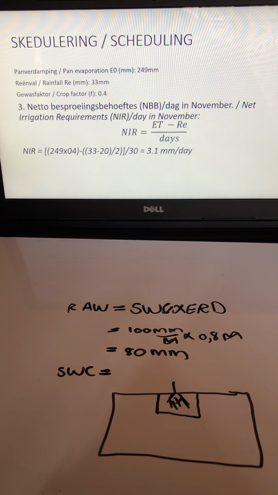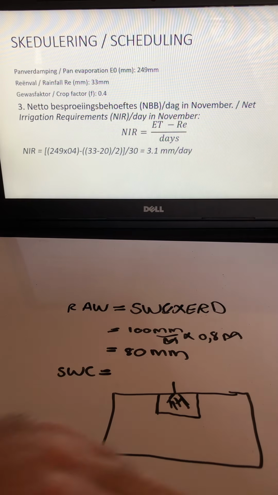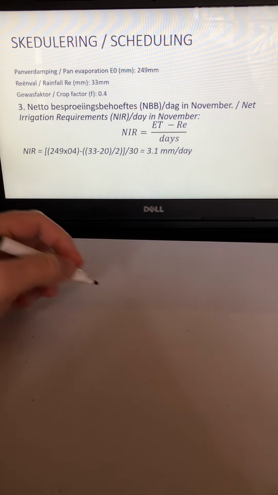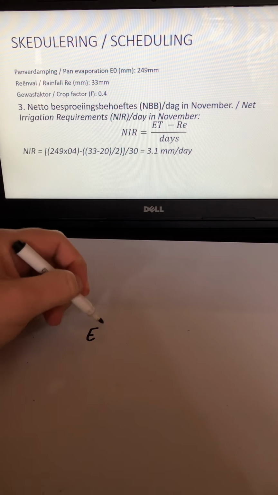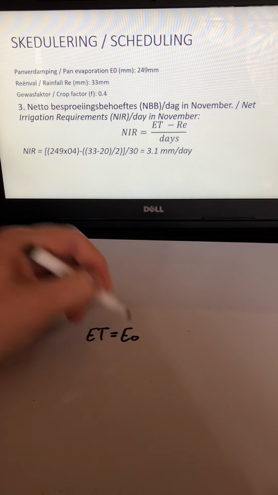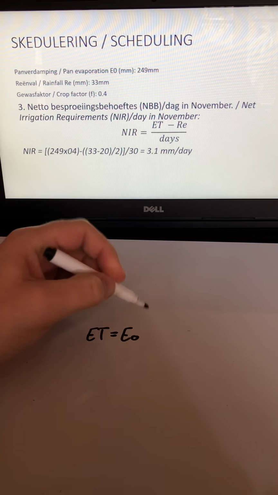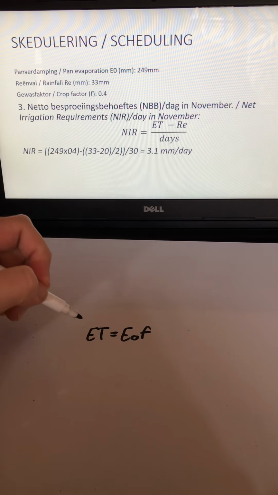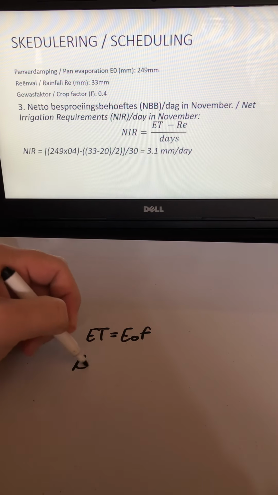So the net irrigation requirements, and that is the amount of water required or needed. So with the Class A pan, I said that evapotranspiration equals that measured value that you got from your Class A pan multiplied by F, which is the crop factor.